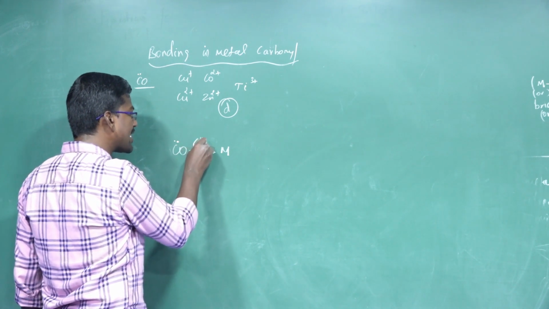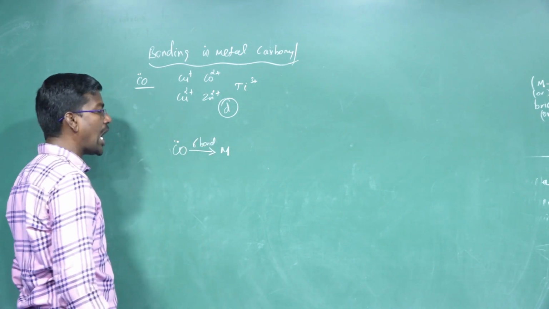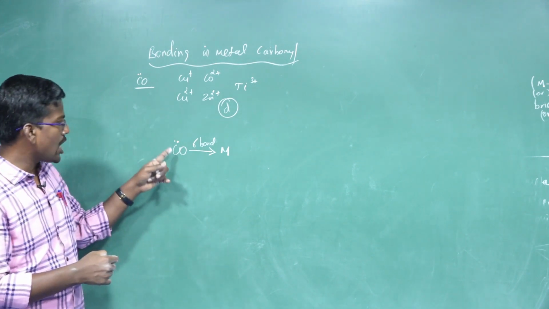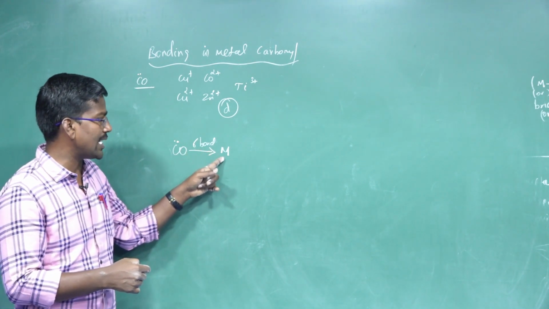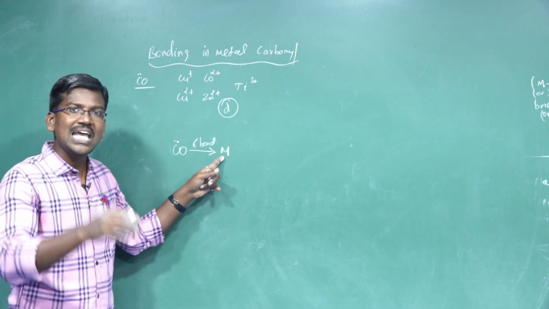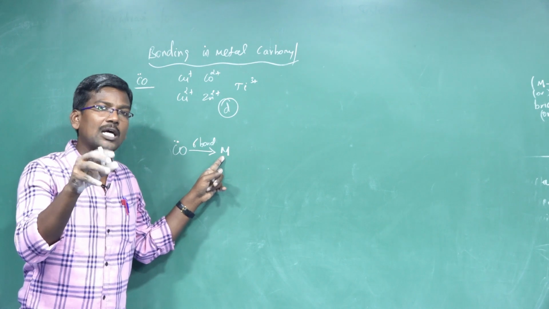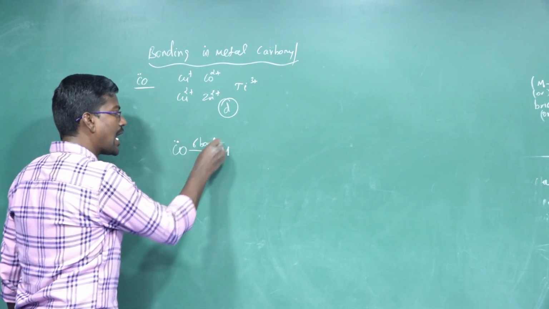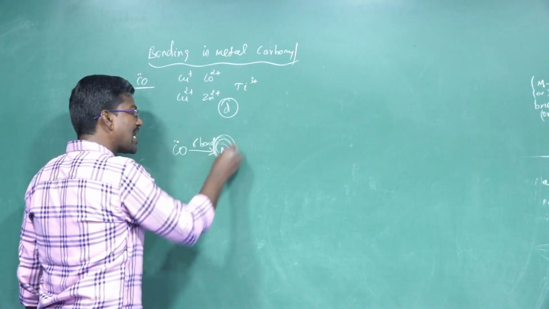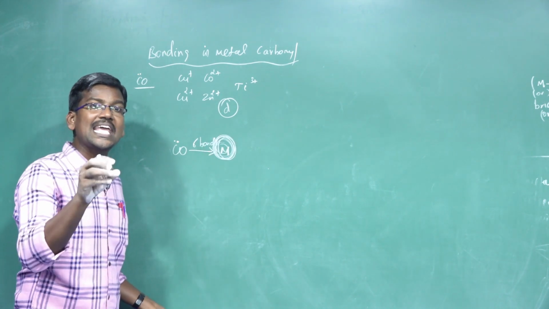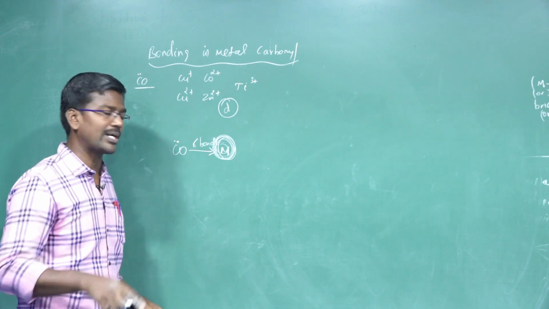This bond is known as a sigma bond. After migration of the electron pair from carbon monoxide to the metal, electron density increases around the metal atom in the d subshell. Electron density increases around the d orbital of the central metal ion.